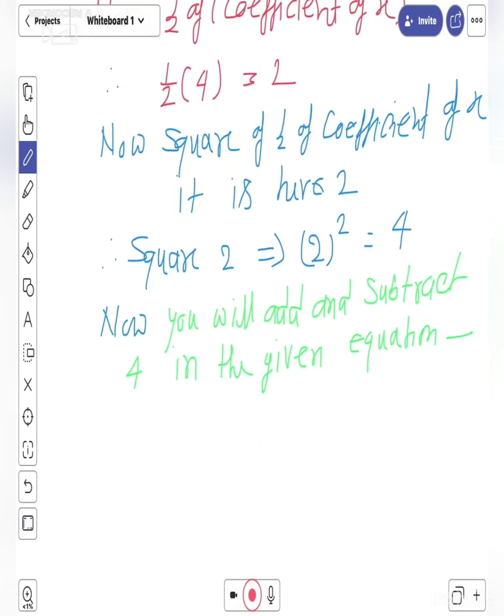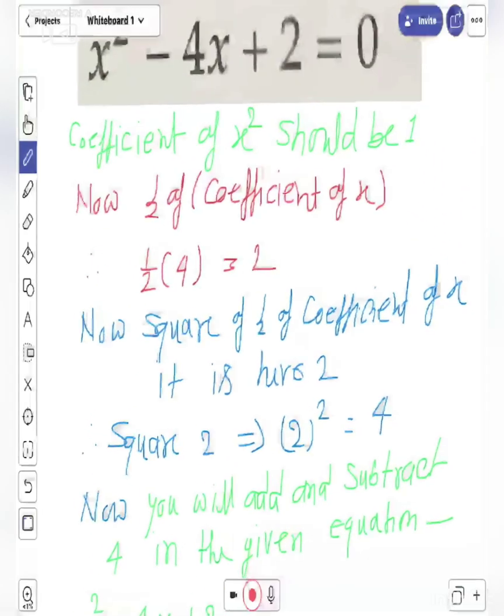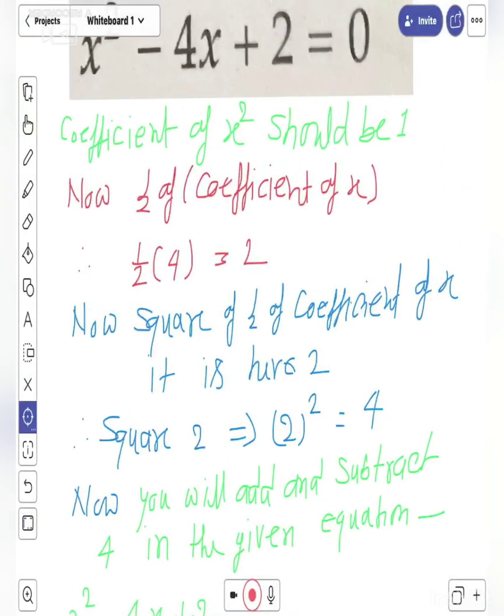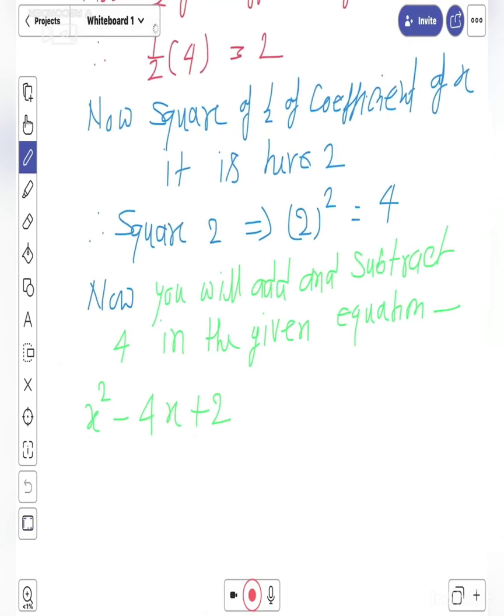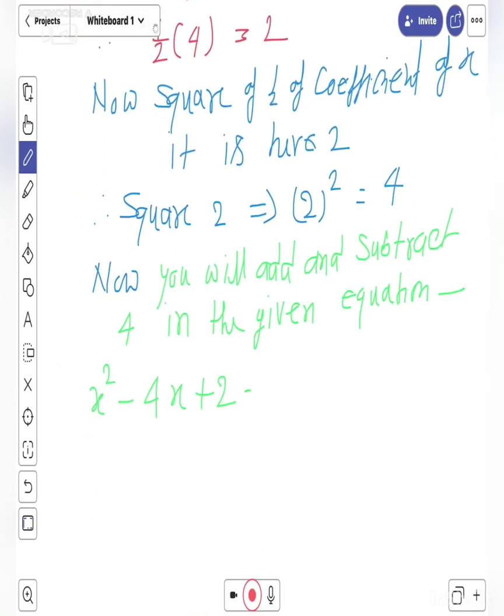So you will get here x square minus 4x plus 2. This is the given equation: x square minus 4x plus 2 equal to 0.